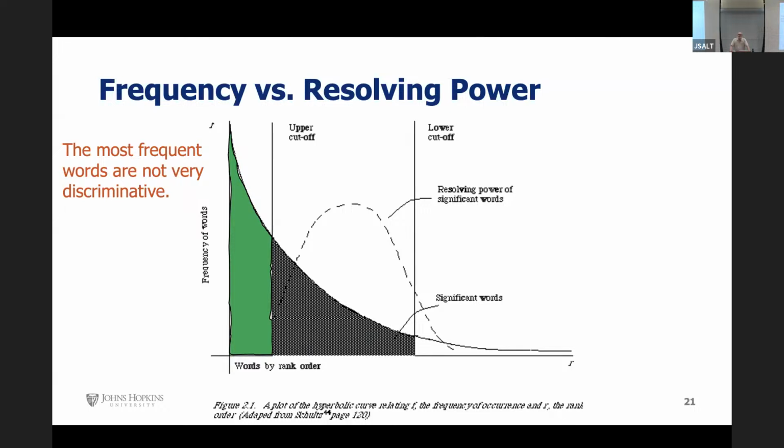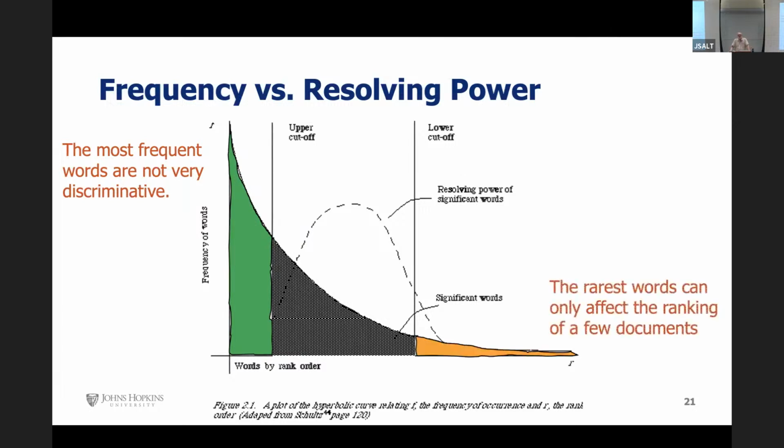That is, you want an indexing term to discriminate the documents that are relevant from those that aren't, right? So if the is in every document, putting the in your query doesn't help at all because it's not going to distinguish some documents from others, right? So the very high frequency terms aren't discriminative. And so we don't really like them as indexing terms.